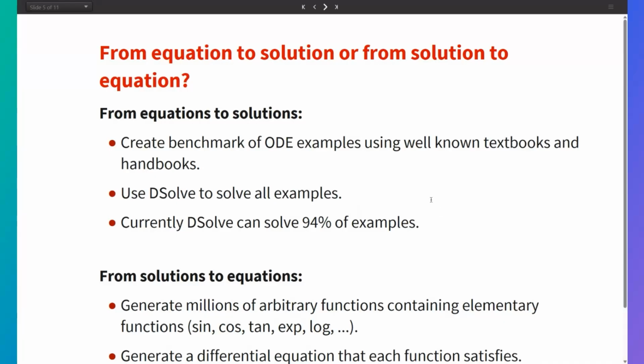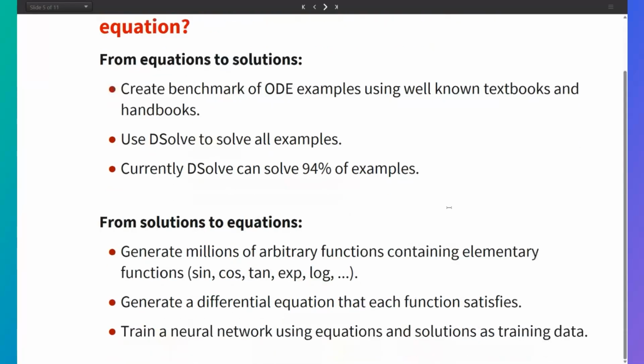This is a very good number, and it demonstrates that almost all symbolic solution methods presented in the literature are already implemented in DSolve.